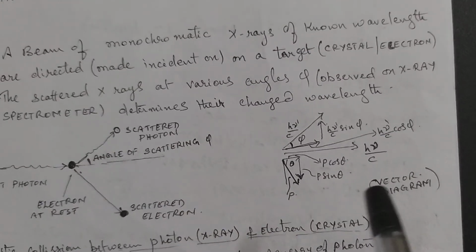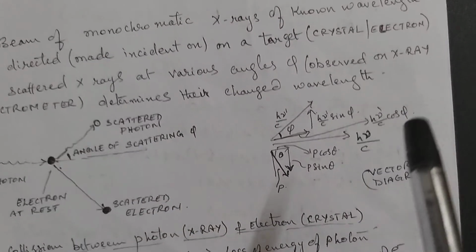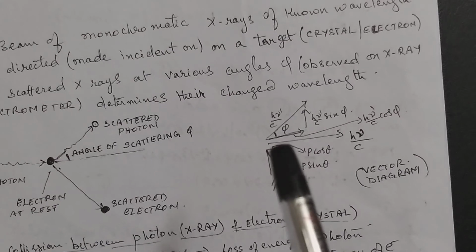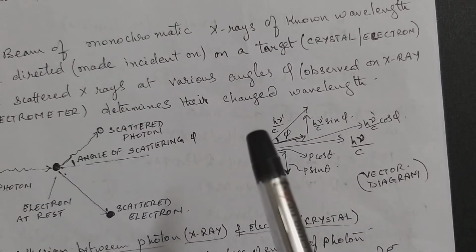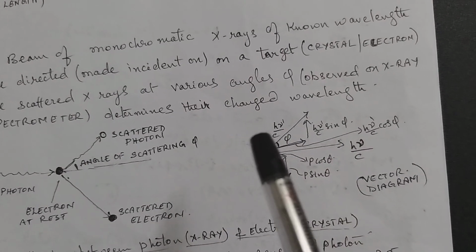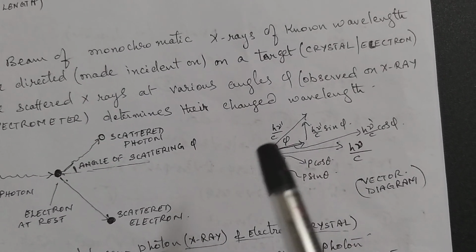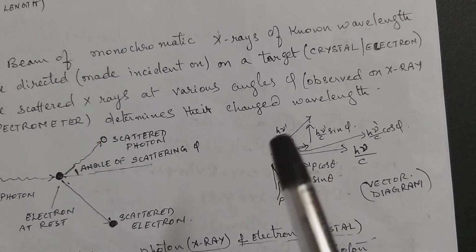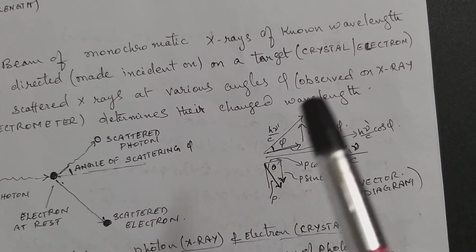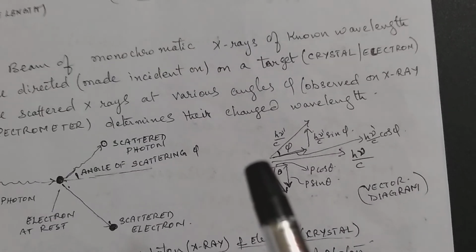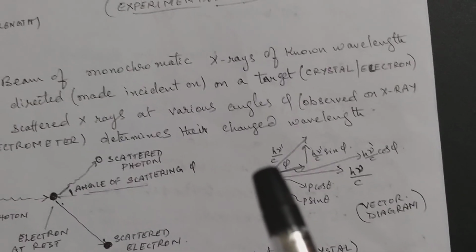Here we have shown the vector diagram in which only the scattering angle is shown, and the wavelength of the photon, h nu dashed by c. H nu dashed by c is the momentum. Momentum, as you know, is mass into velocity.